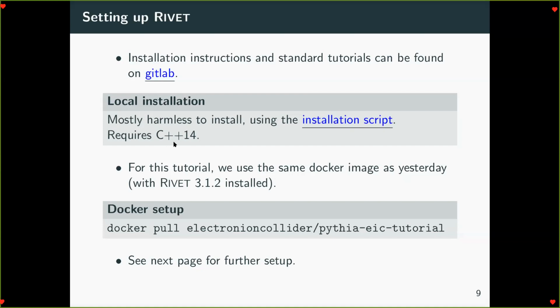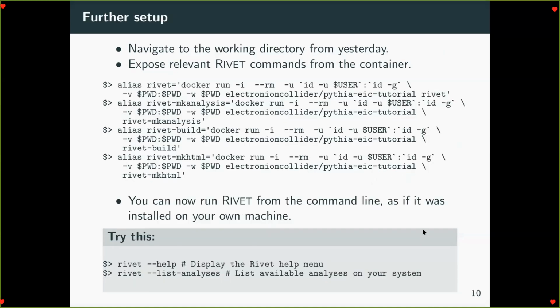It does require C++14. For this tutorial, however, we use the same Docker image as yesterday, such that we don't need to take up any of your time installing programs, and it has Rivet 3.12 installed already. So I'm assuming you have already done Docker pull, Electron Ion Collider, Pythia EIC tutorial.